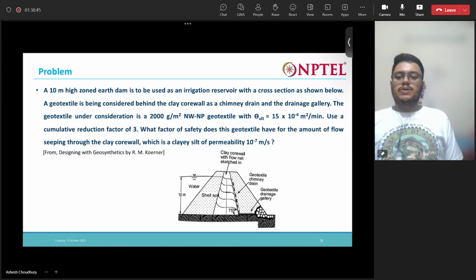A geotextile is being considered behind the clay core wall as a chimney drain and the drainage gallery.